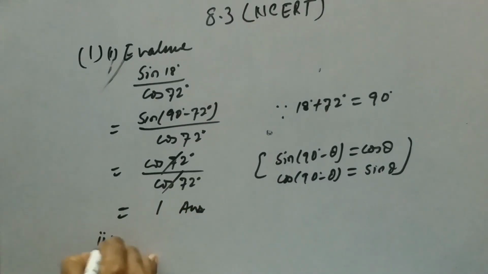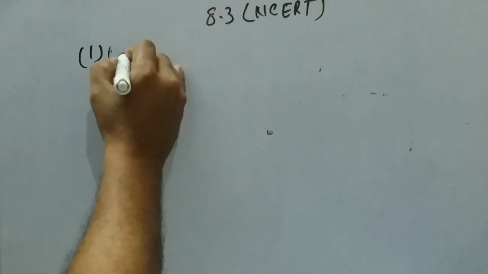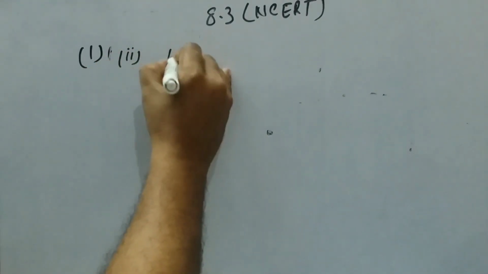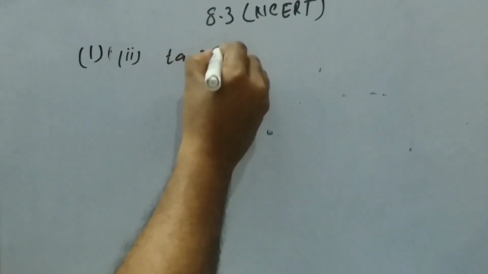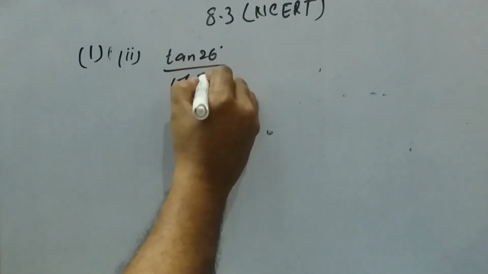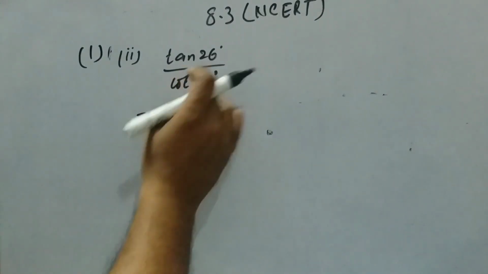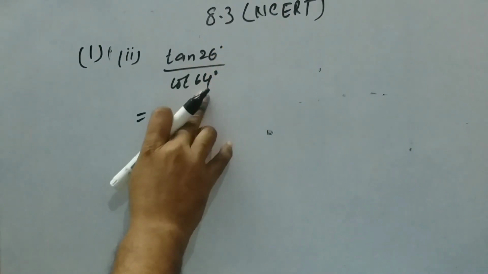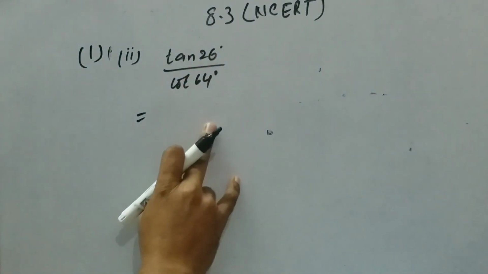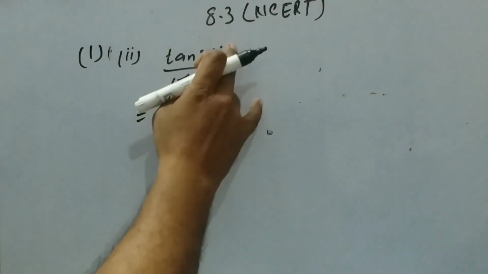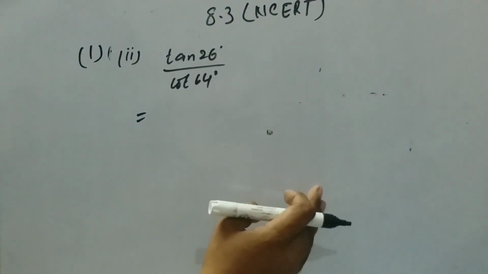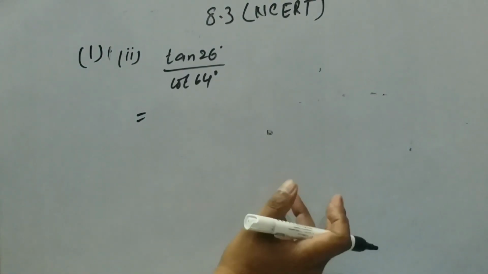Second one is tan 26 degree upon cot 64 degree. As usual, you are watching here that the addition of 64 and 26 is equal to 90 degree. So you will eliminate any one in terms of the other. You will always try to eliminate the bigger one.